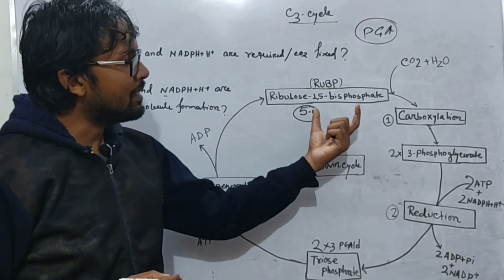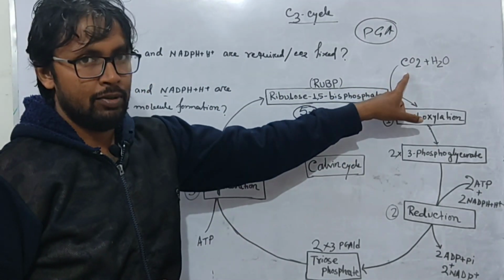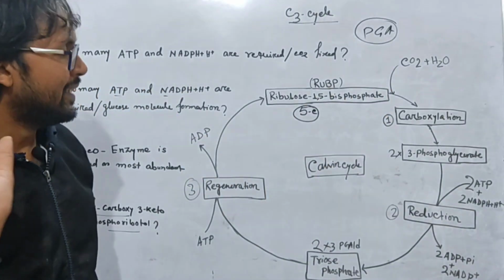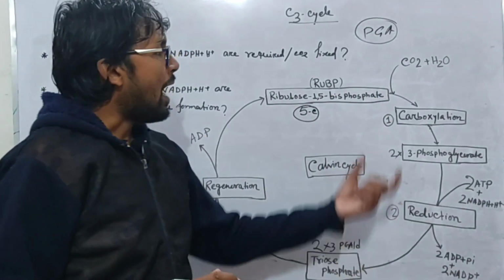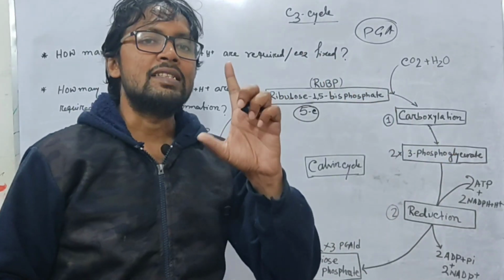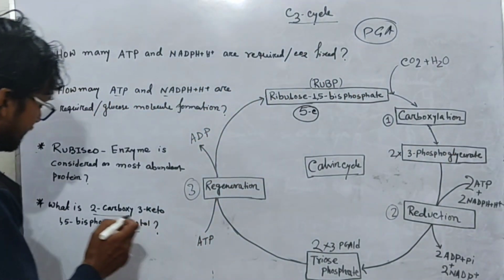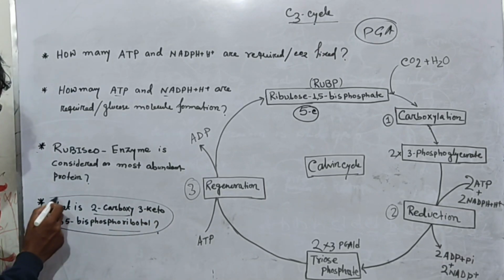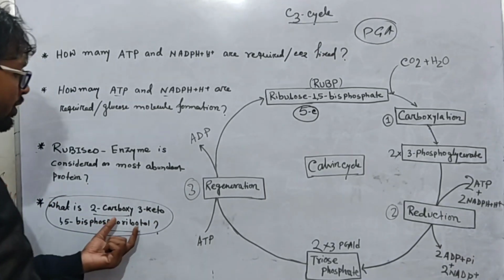Now when this compound is mixed with this carbon, a 5 plus 1, 6-carbon compound is formed. After carboxylation, this is a 6-carbon compound. Here is the 2-carboxy 3-keto 1,5-bisphosphoribitol.